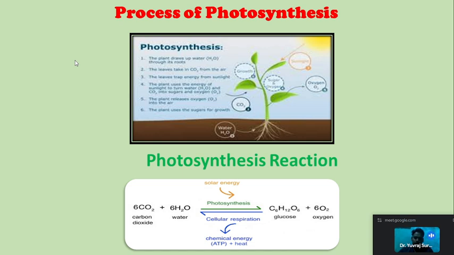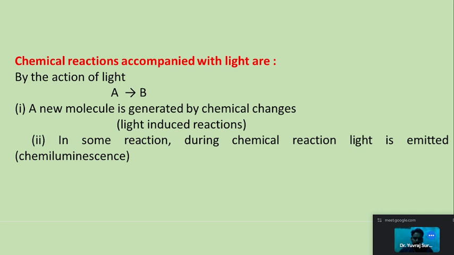We know the process of photosynthesis is related to cellular respiration, chemical energy, that is ATP plus energy. In general, a chemical reaction accompanied by light is a reaction by the action of light.